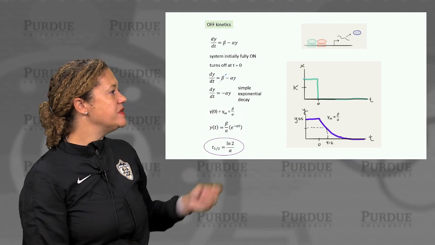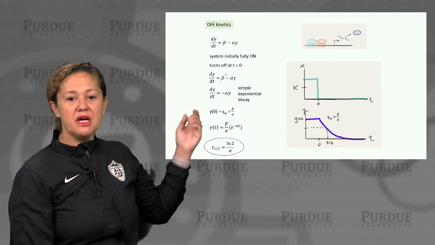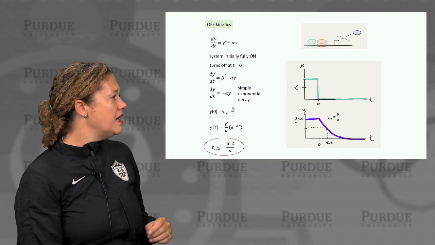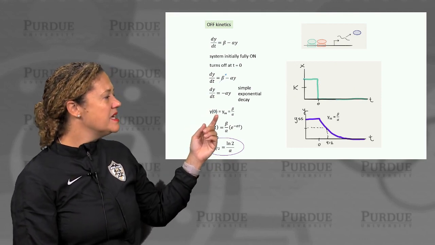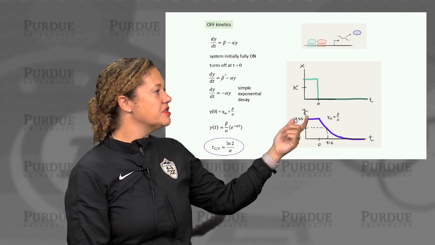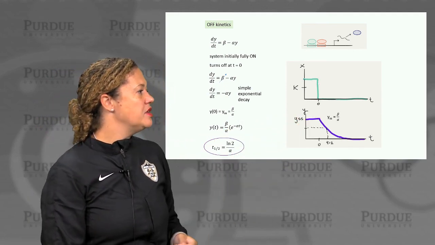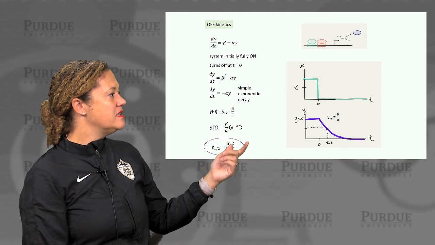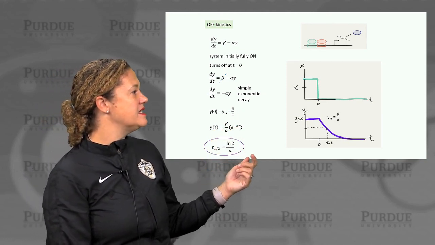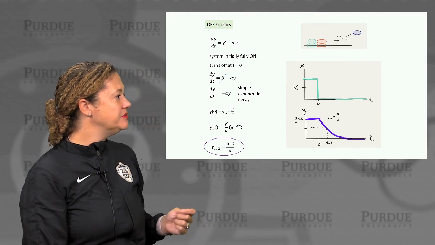So now, just as we did before, we can plug our initial condition into our Y of t solution. At Y of 0, our Y value equals steady state, and we can again solve for t1/2, the time it takes to get to 1/2 our steady state value.